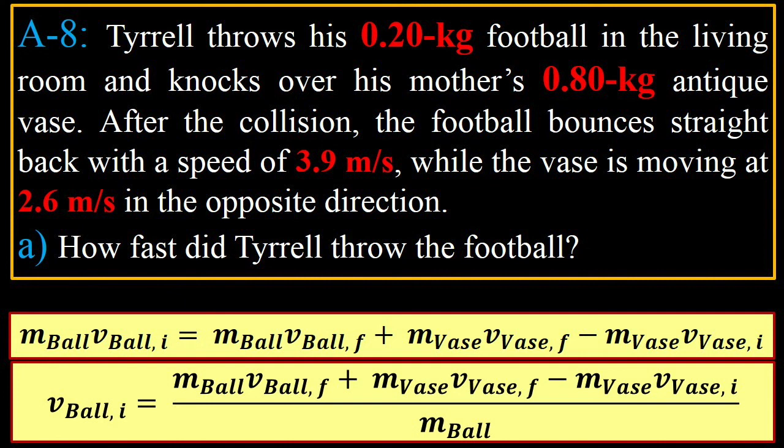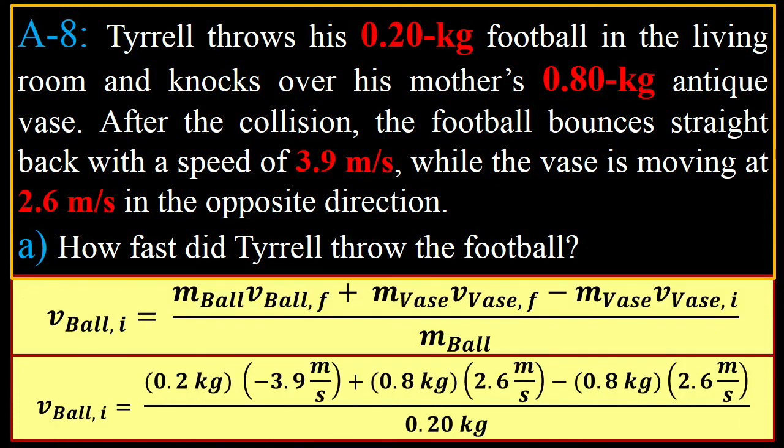So here you are dividing by the mass of the ball, and that's going to be equal to the initial velocity of the ball. Now we're simply going to plug in our values and crank it out on the calculator. See how the final velocity of the ball is negative 3.9, and the velocity of the vase is positive 2.6, where positive is understood to be true.